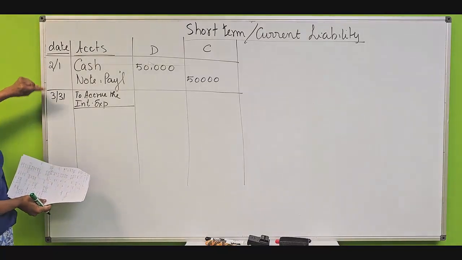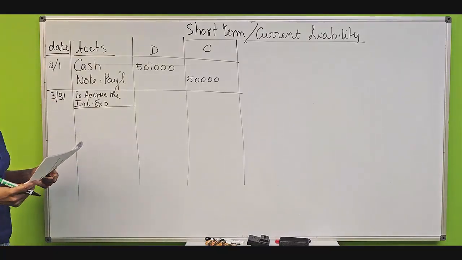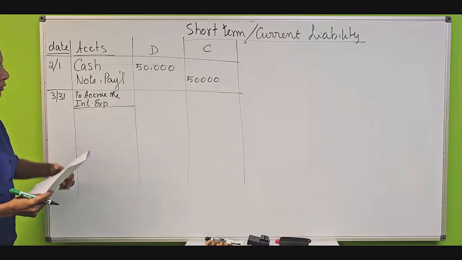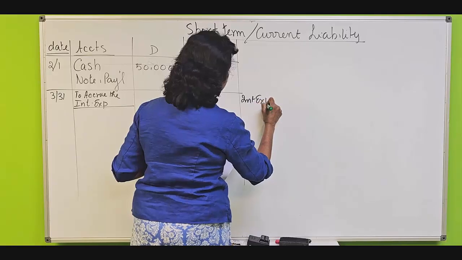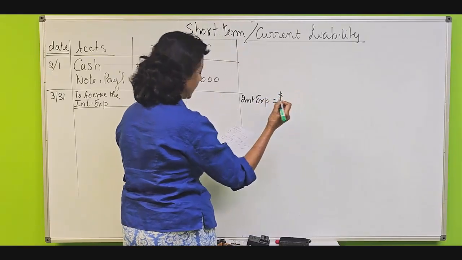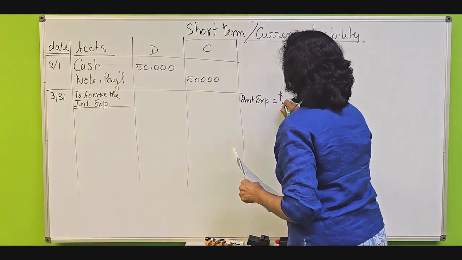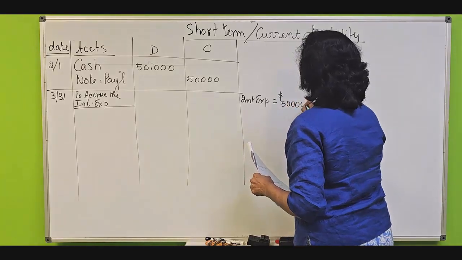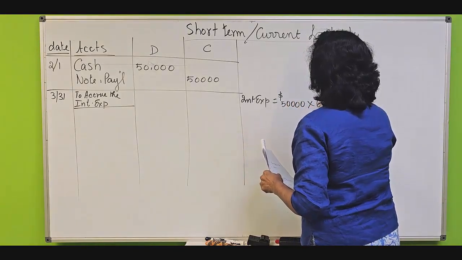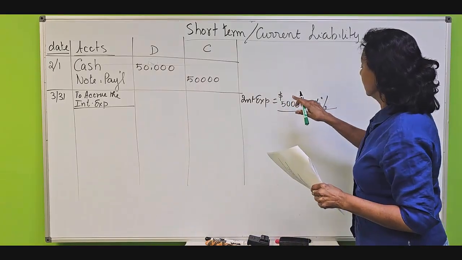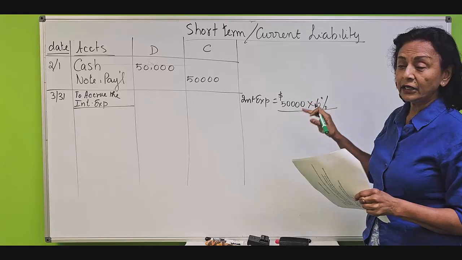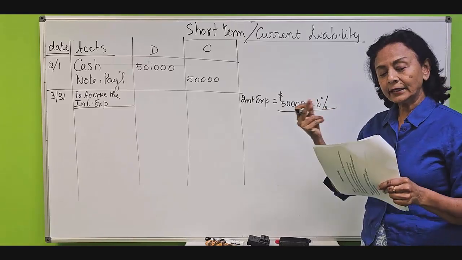So here, February 1st and March 31st, 2 months have passed since they have borrowed the loan. Therefore, the interest expense incurred so far would be $50,000 is the loan, and your annual interest rate is 6%. So this gives you 50,000 times 6%, the interest for 1 year, that is 12 months.